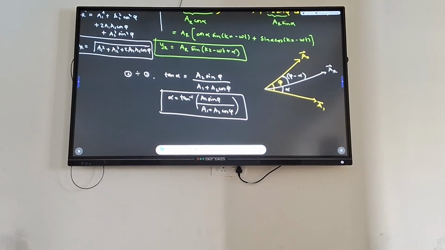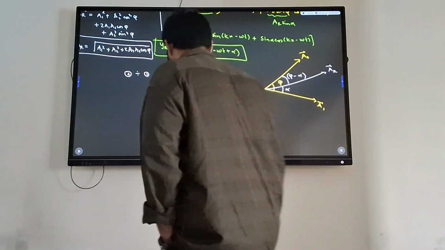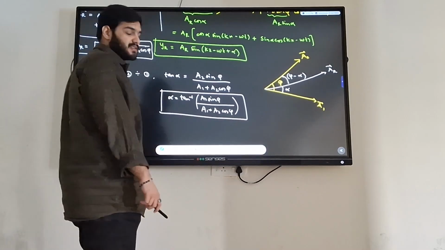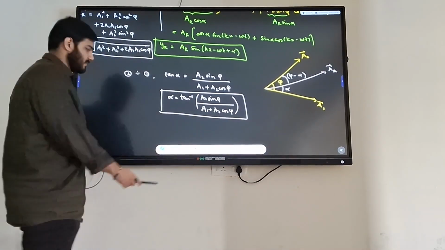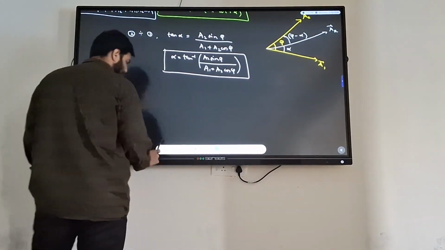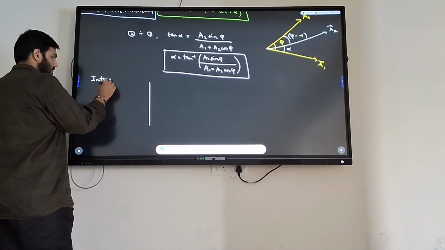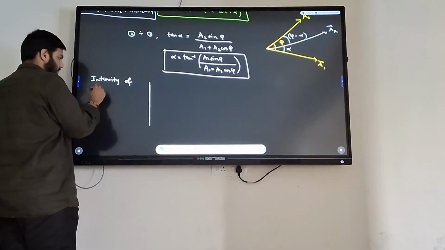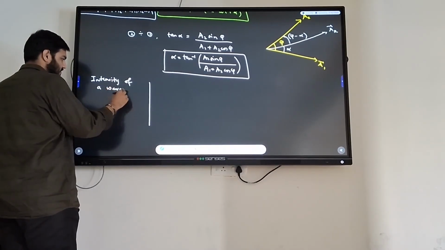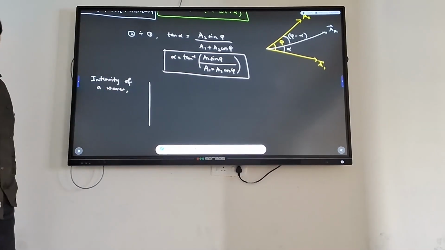Okay then. Do you remember what was the expression of intensity that we found for a wave? What was the expression of intensity? You should remember the result. Don't look at it.